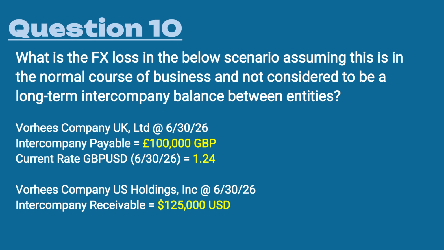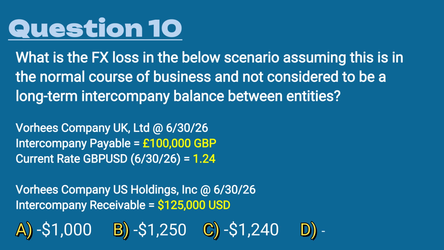What is the loss when you translate the UK Ltd foreign subsidiary? A, $1,000. B, $1,250. C, $1,240, or D, $25,000.